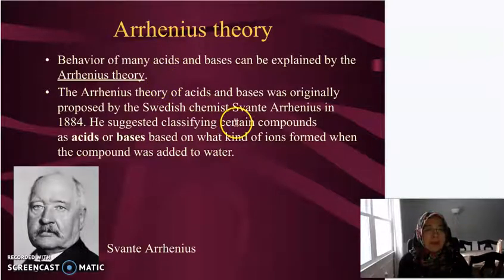He suggested classifying certain compounds as acids and bases based on what kind of ions formed when the compound was added to water. When you mix a compound with water, what type of behavior it makes, then you can tell if it is acidic or basic.